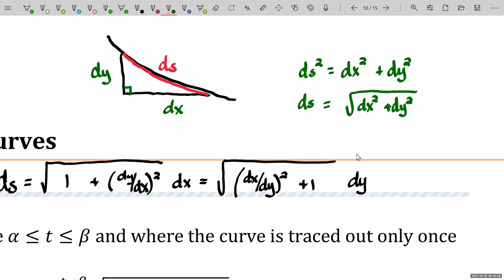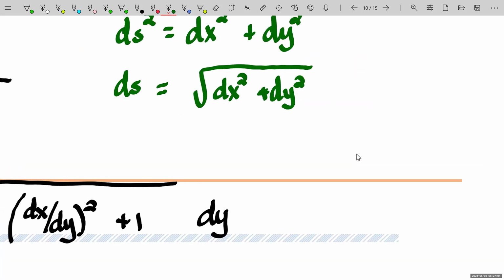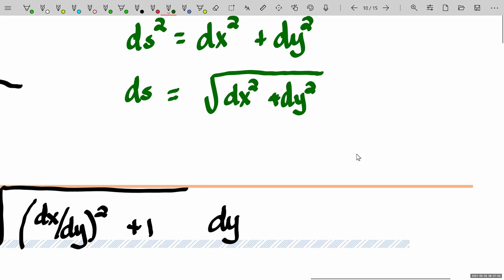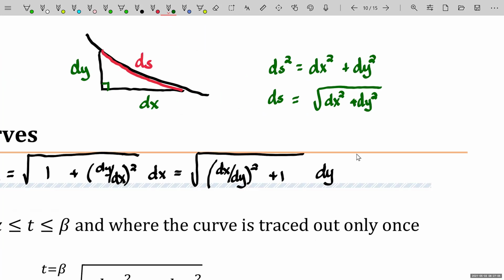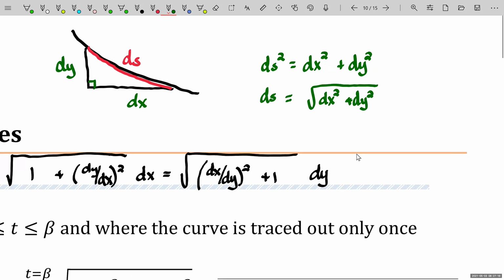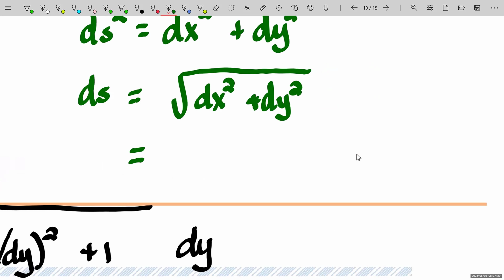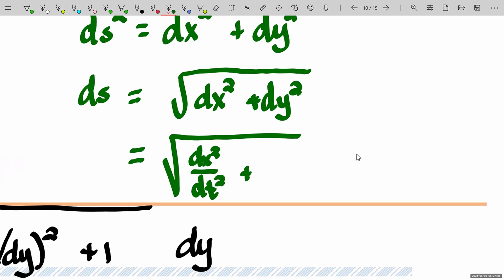And then what we did to derive that black ink down there was we either divided out dx squared or we divided out dy squared. In one case you get the first black ink, in the other case the second. Another option we could have done is to divide both of these by dt squared.